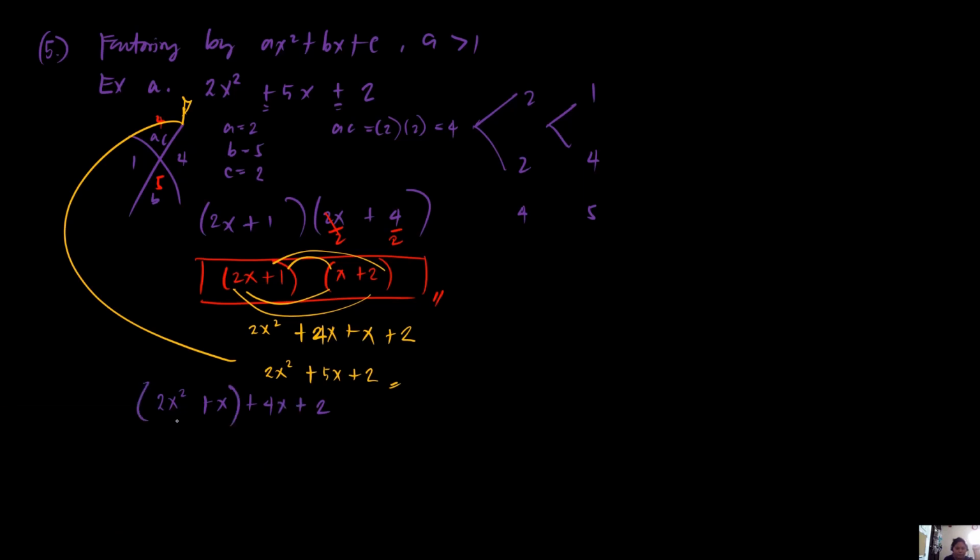This is the first group. This is the second group. What is the GCF? We have x. You will have 2x plus 1. Plus, what is the GCF of the second group? We have 2. We have 2x plus 1. Common factor is 2x plus 1. What is left is x plus 2.